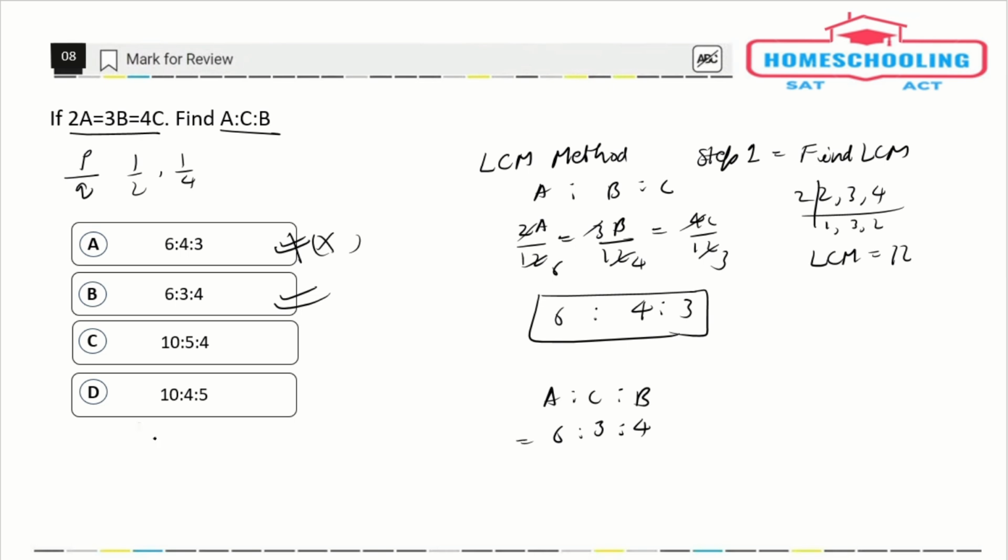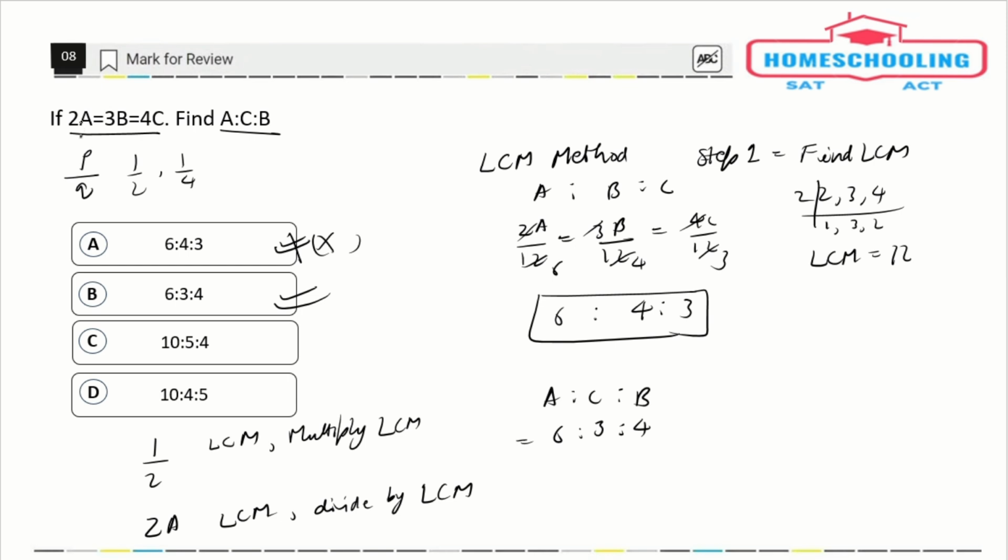So when it is in P by Q form, what we used to do is find the LCM and then multiply the ratios by the LCM. And if something is given in a whole number like this, not in P by Q fractional form, we'll find the LCM first and divide by the LCM.